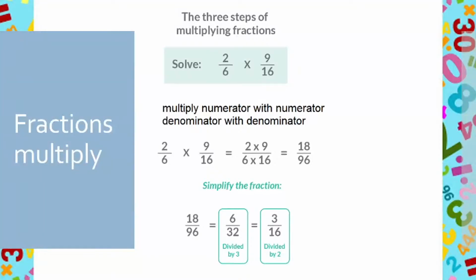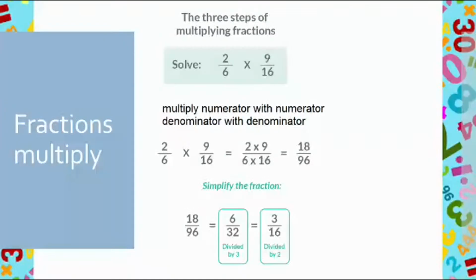Next question, that is fractions multiplication. When we are multiplying fractions, what we have to focus on, we have to focus on numerator with numerator and denominator with denominator. So here is an example question which reads 2 divided by 6 multiplied by 9 divided by 16, and you multiply 2 with 9, you get an answer 18. You multiply 6 with 16, you get an answer 96.